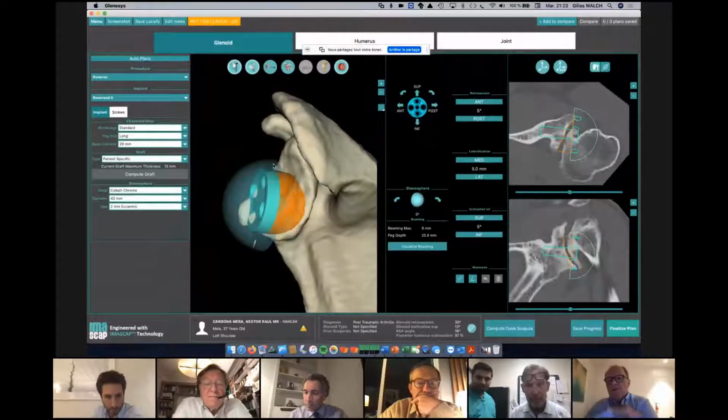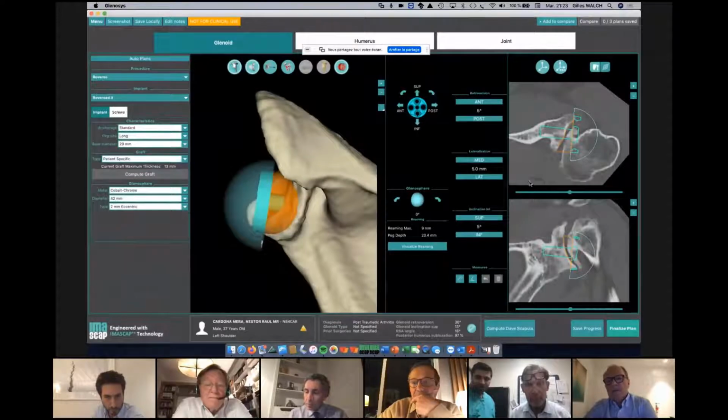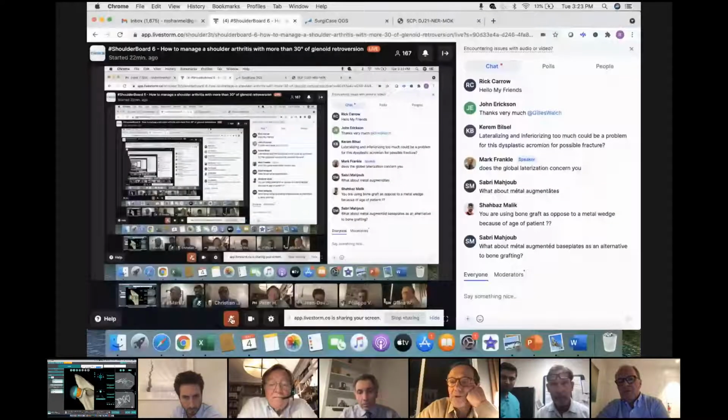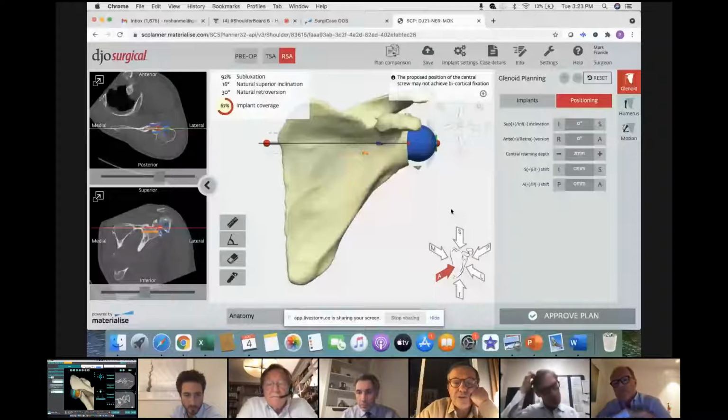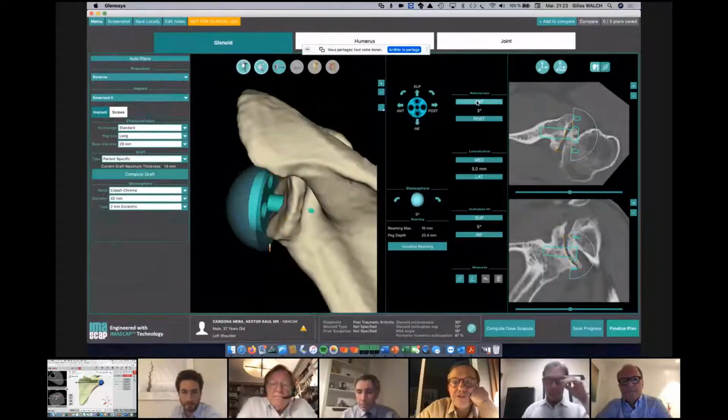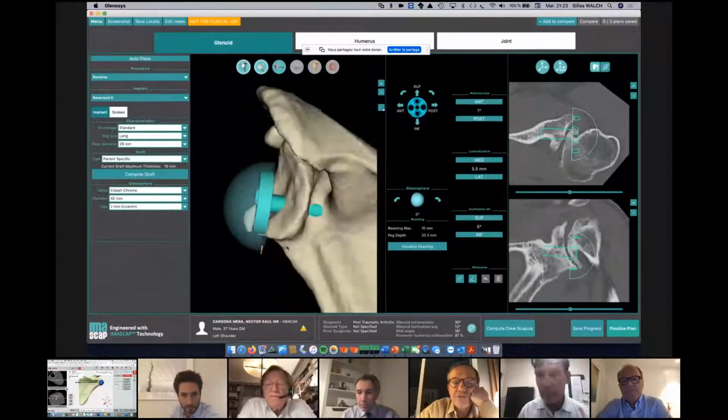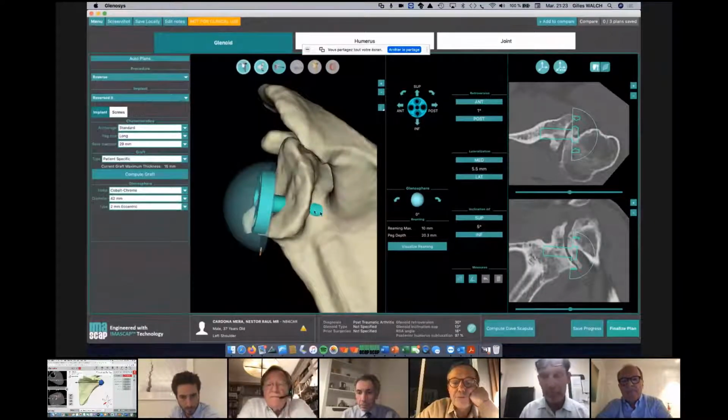Well, if you look on the right slides here, you were extremely close, if I am not mistaken, with your peg to the posterior and to the superior border. Any worries about perforation? Yes. If there is any perforation right here, look, for example, if I change a little bit the version, you see here, I have perforation.